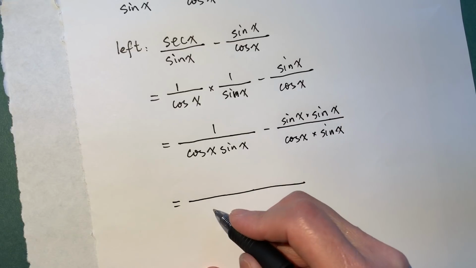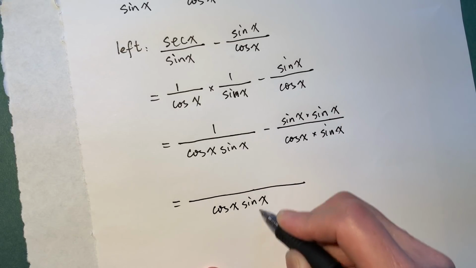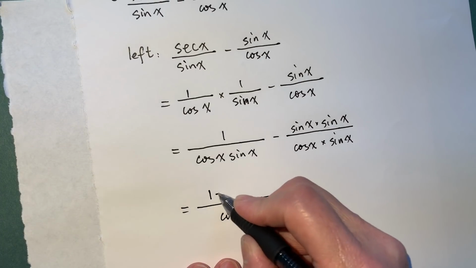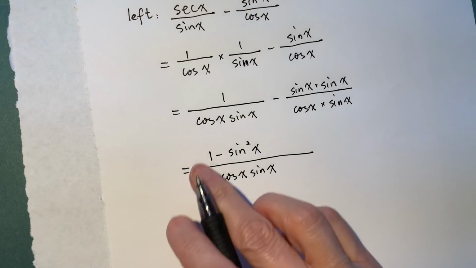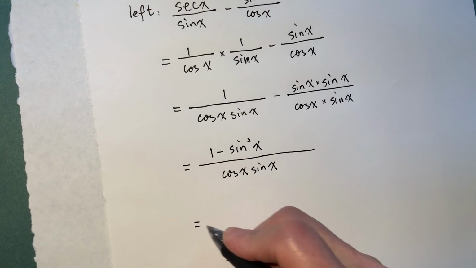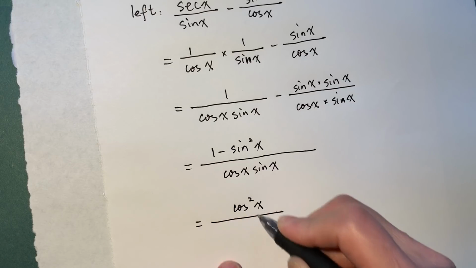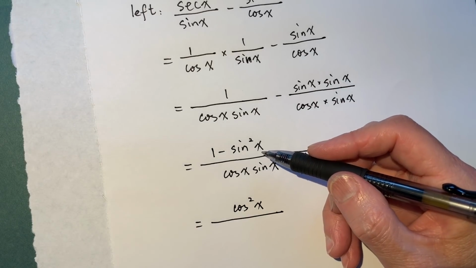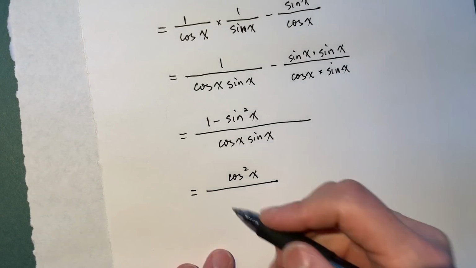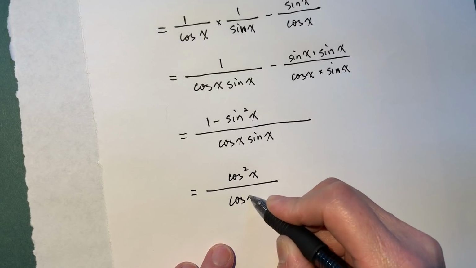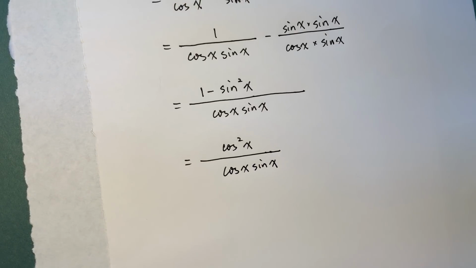So equal to cosine x sine x, denominator 1 minus sine square x. 1 minus sine square x equals cosine square x, because sine square plus cosine square equals 1, over cosine x times sine x, right?